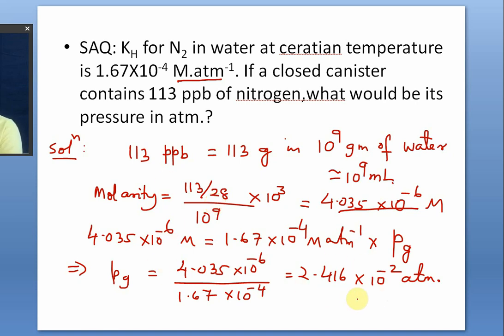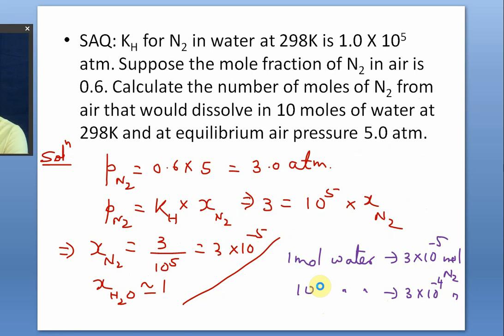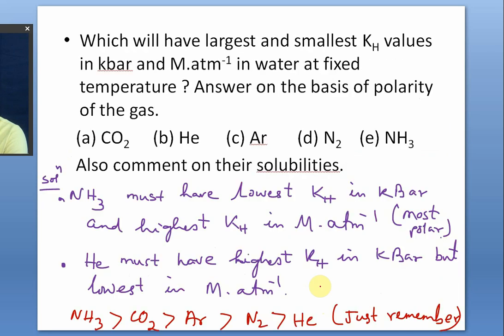So we find the equilibrium pressure is as low as 2.4 into 10 to the minus 2 atmosphere. So with this, we conclude, and this is a problem where just by looking at its polarity, you have to say which one has the highest KH and which has the lowest KH, both in the Raoult's law type of KH and in the reverse Raoult's law type of KH.